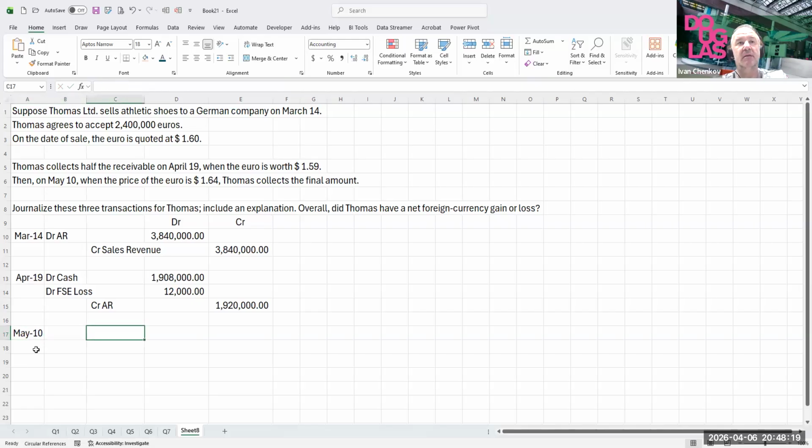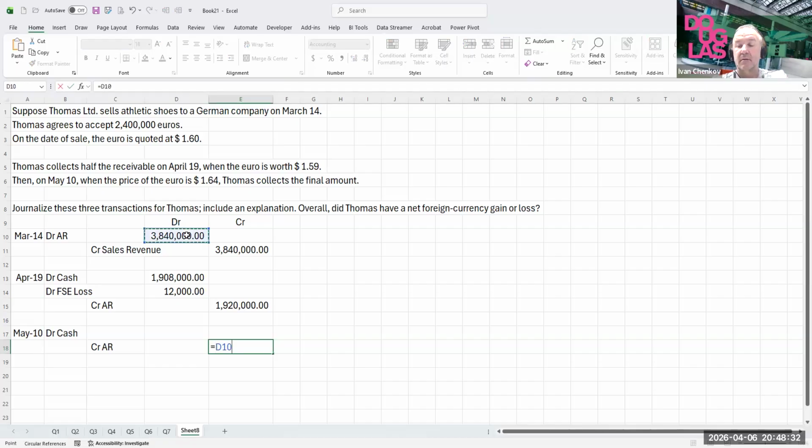On May 10, he collected the other half, debit cash, but he closed the entire accounts receivable. Put the other half, divided by 2, 1,920,000 Canadian.